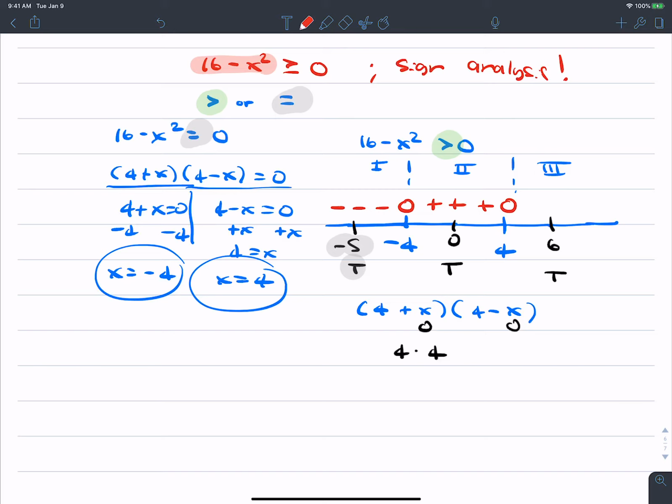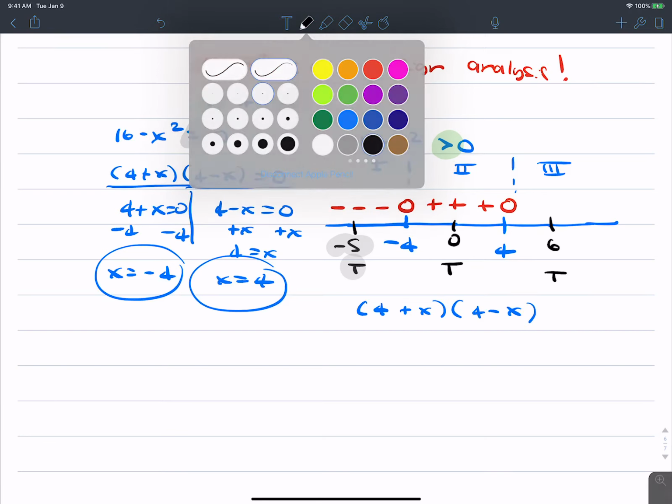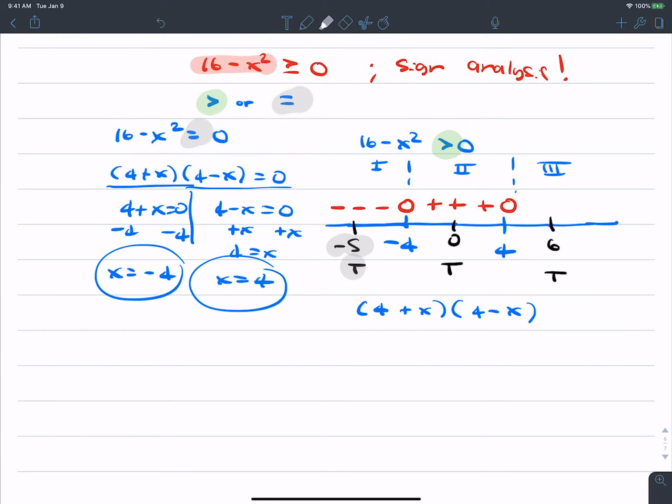Let's test region 3. By testing region 3, we simply plug in, double check, we tested 0, we test 6 now. Those are our test points. Plug in 6. 4 plus 6 is 10. 4 minus 6 is negative 2. A positive times a negative, again, is negative. So this region is negative here.